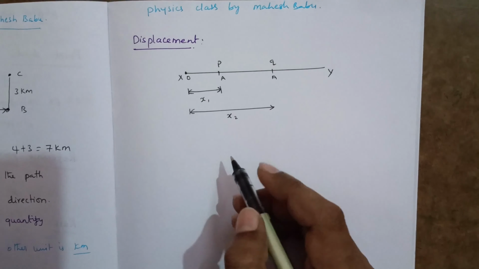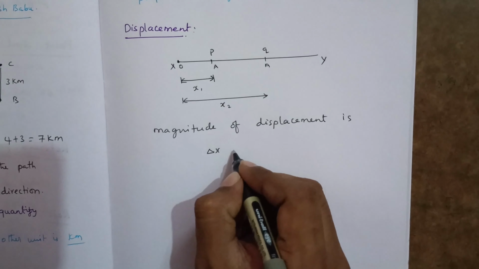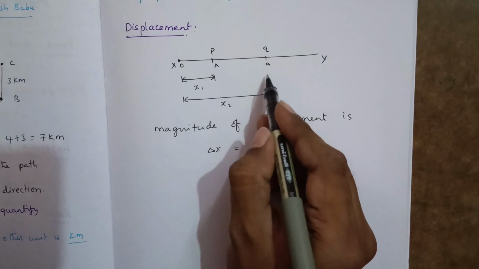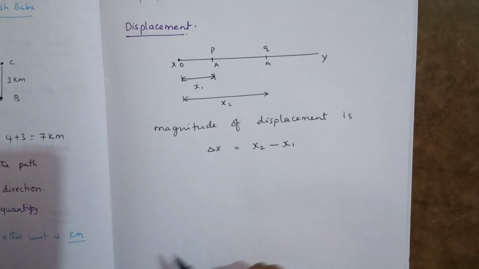Now the magnitude of displacement is equal to final position x2 minus initial position x1.